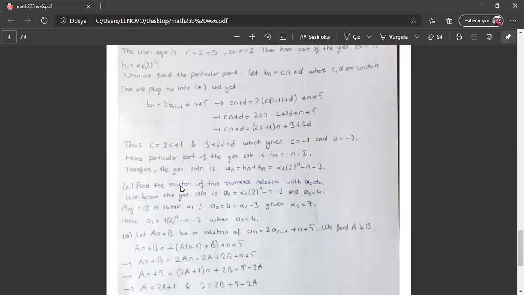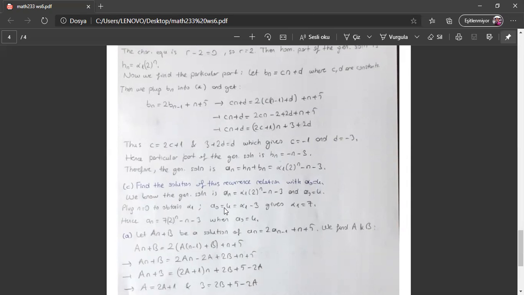We now find the solution for a_0 equals 4. We already know the general solution, so we just plug in n equals 0 and obtain this.